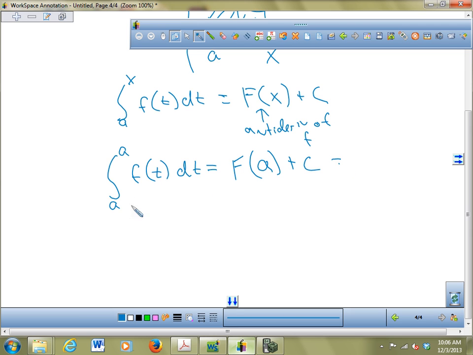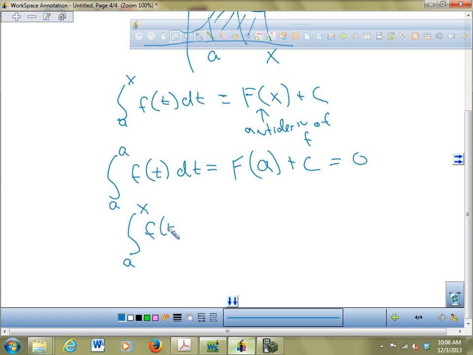So what is the value of an integral from a to a? 0. So the conclusion is that the integral from a to x of f of t dt is equal to big F of x plus c, minus big F of a, also plus c. What happens to these c's?